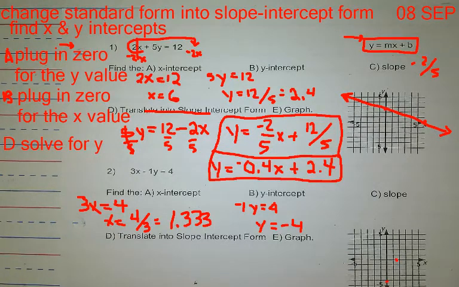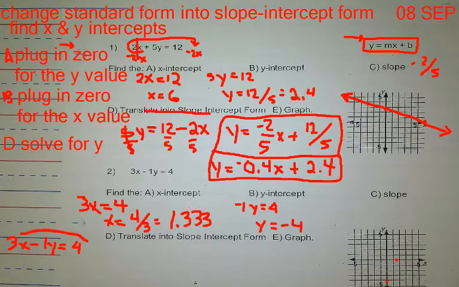Now then, what's the slope? Well, according to this, we have to solve for y. So that means I've got 3x minus 1y. I can write the whole thing over here. 3x minus 1y equals 4. Now remember, I need to move the x over here.